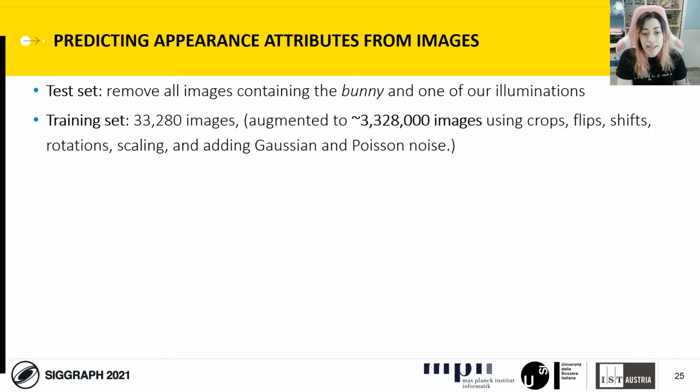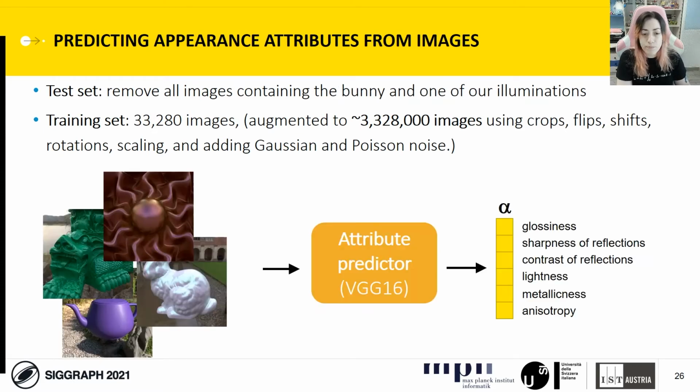First, we take out all images containing the bunny shape and one of our illuminations, since we will use them for evaluating our predictor. Then, the remaining images are augmented using different augmentation operations. We ensure that a significant region of the image was still visible after the manipulation so that the perceptual ratings would still be representative of the images.